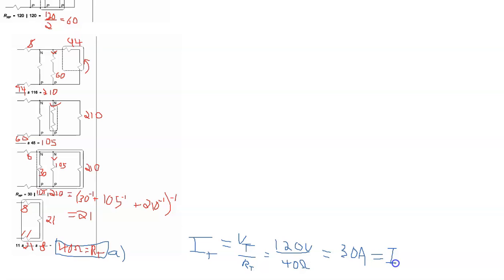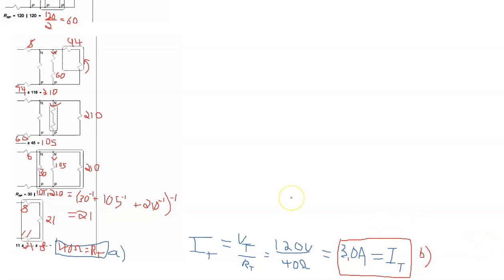So we can't apply Ohm's law to anything until we find the total resistance. And then we can apply Ohm's law to the circuit, which is what we did to calculate IT. Now, I wrote down 3.0 amps, and that is now the answer to part B.